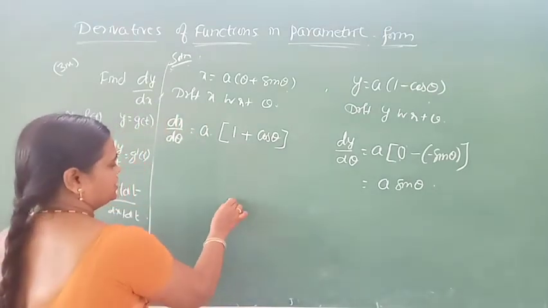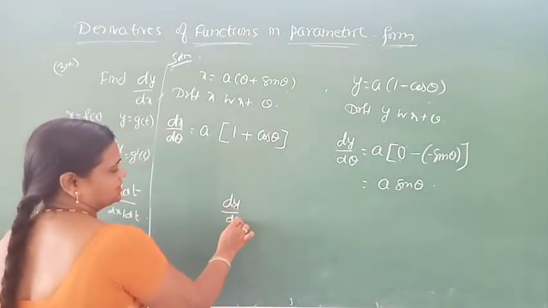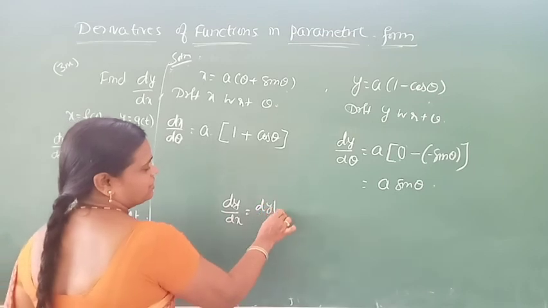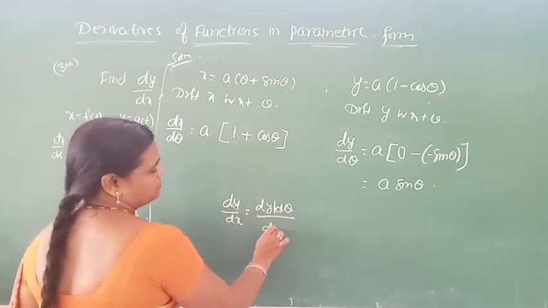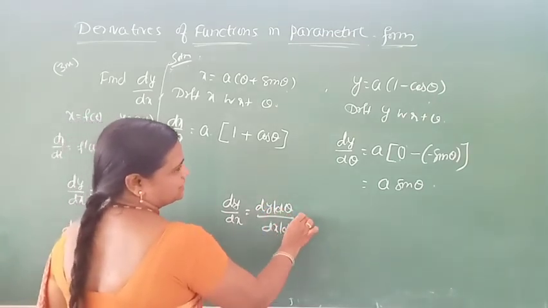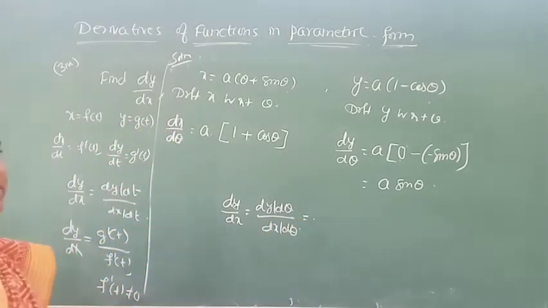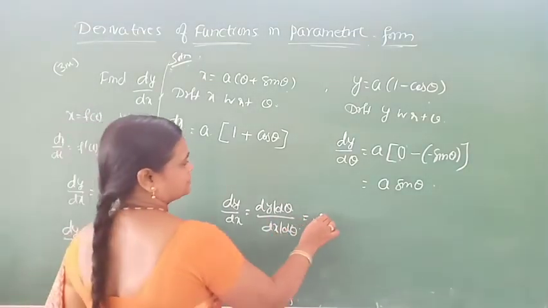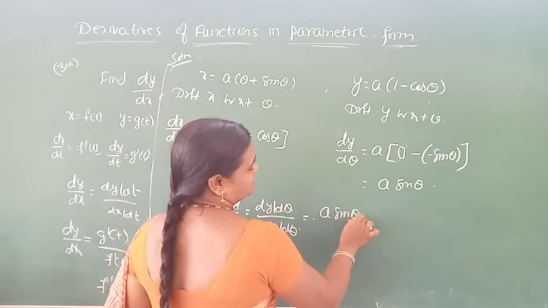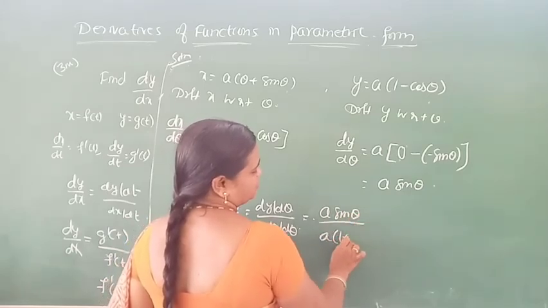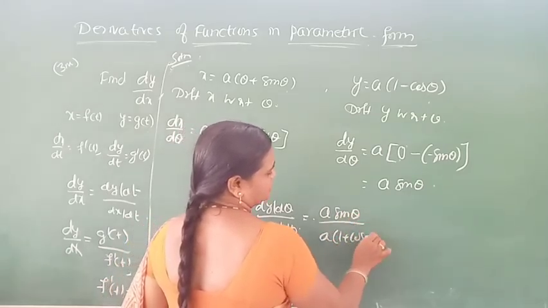Next, dy by dx. We get dy by d theta divided by dx by d theta, means a sin theta divided by a into 1 plus cos theta.